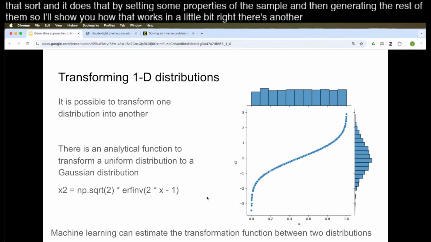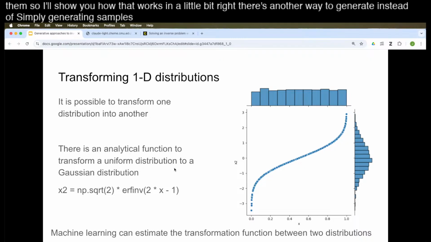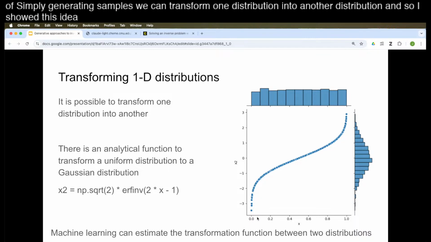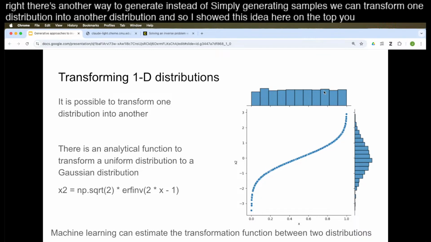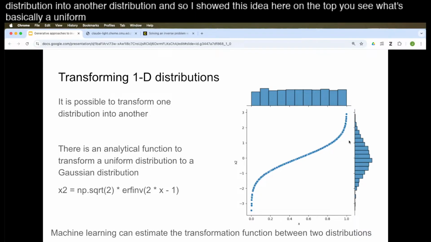All right, there's another way to generate. Instead of simply generating samples, we can transform one distribution into another distribution. And so I showed this idea here. On the top you see what's basically a uniform distribution, and on the side here you have a Gaussian distribution.